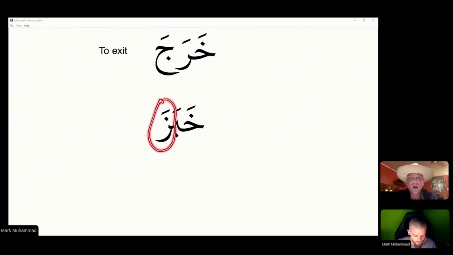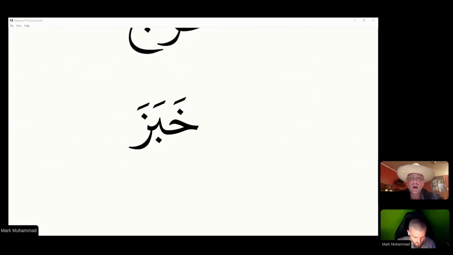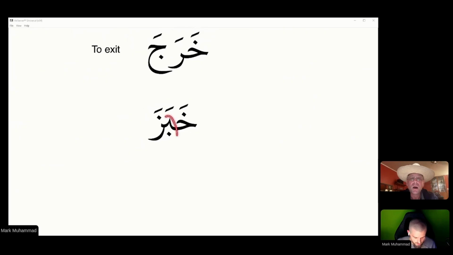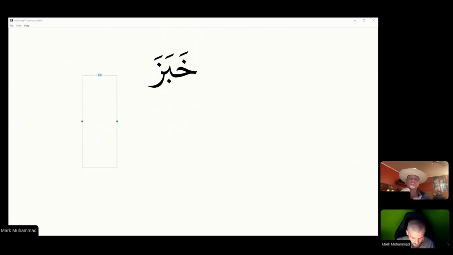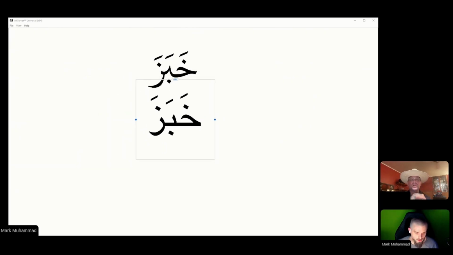Za. Exactly. So you've seen how this ba here looks like it's not on a straight line. If I was to write it in a different font, like this one, it will most likely stay on the same line. See the difference?